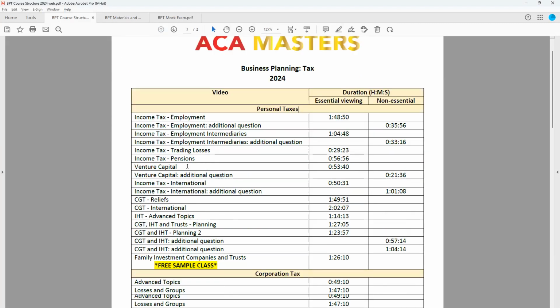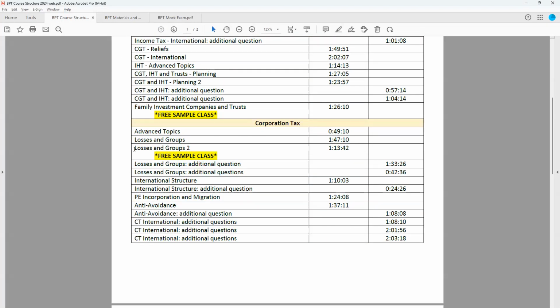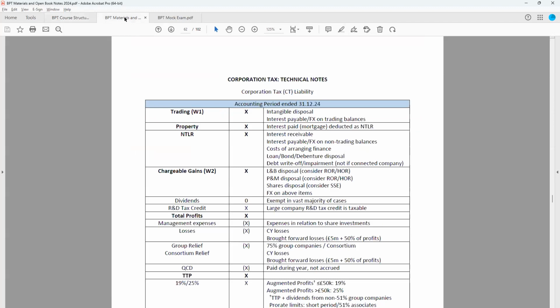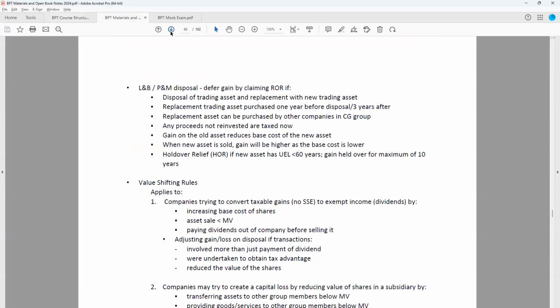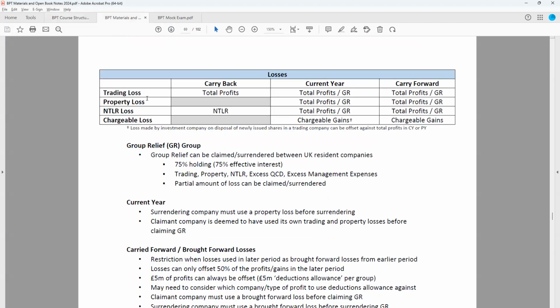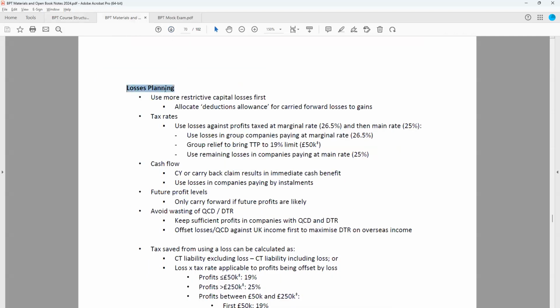So for example, in the corporation tax losses class, when we're looking at losses in groups, I'll firstly explain the key technical content, so how a loss can be used by a company, the different options for using a certain type of loss, so current year, carry forward, carry back, group relief, etc., as well as the types of things you should consider when deciding how best to use a loss.